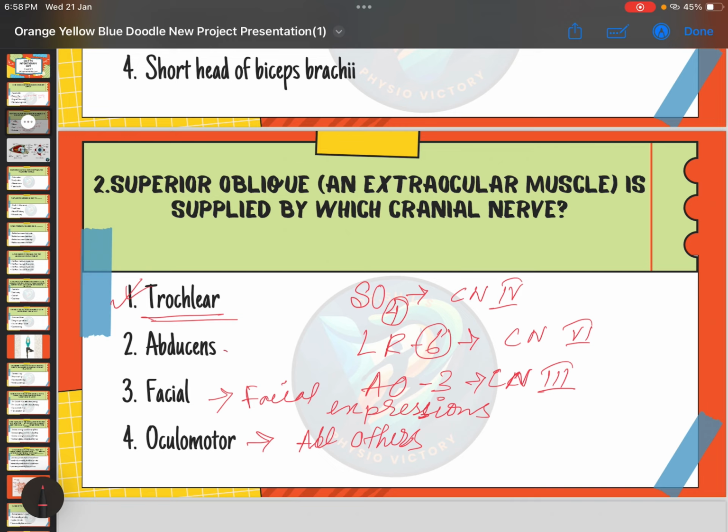Abducens is for lateral rectus, and trochlear is for superior oblique.